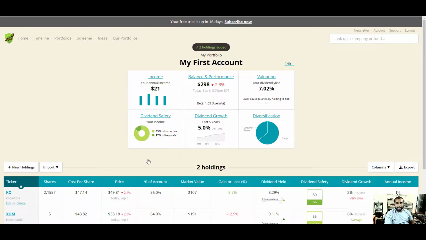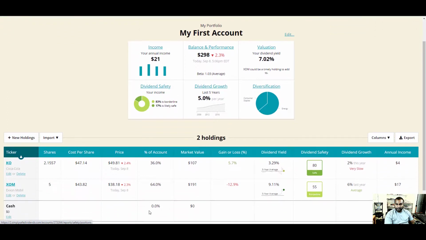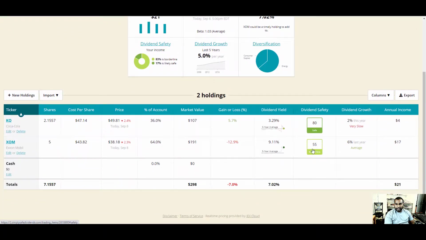It goes in and does its magic and gives me, look, your balance performance $298 down right at this moment. My dividend growth last 5 years is 5%, but technically I didn't own this part of it. My diversification, consumer and energy, and dividend evaluation 7%, 80%, 55%. This is amazing.